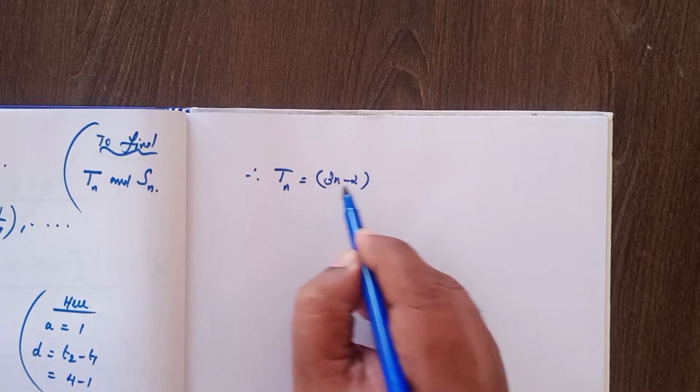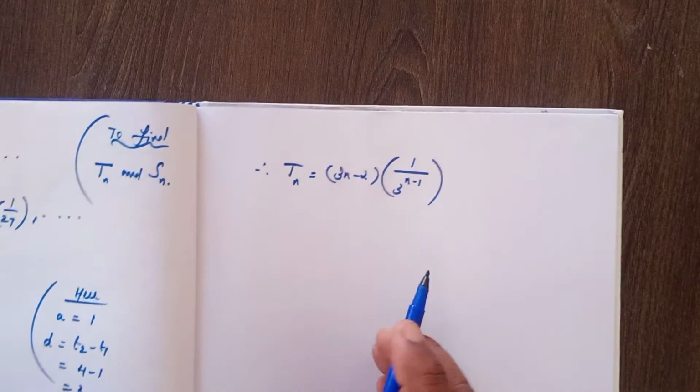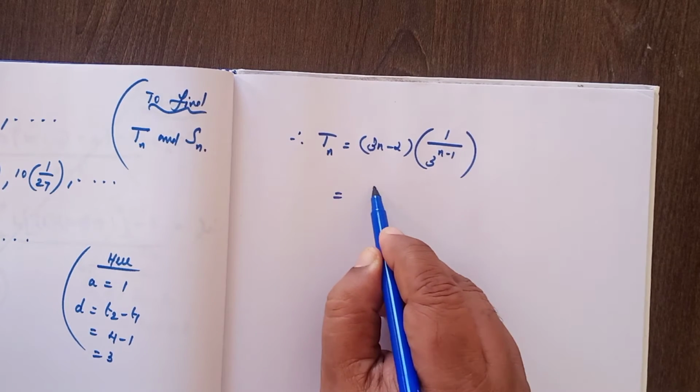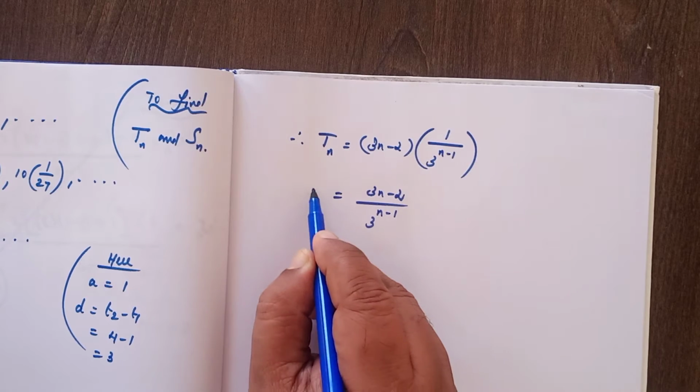So 3n minus 2 into 1 by 3 power n minus 1, that is, Tn equals 3n minus 2 divided by 3 power n minus 1.